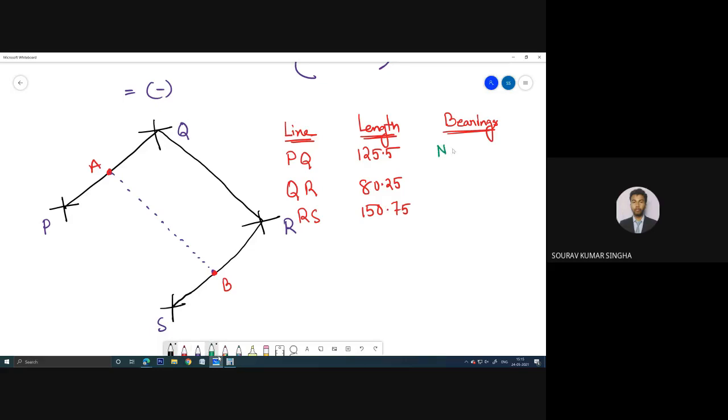It is in the reduced bearing system, directly given, so no need to convert from whole circle bearing to reduced bearing. North, South 40 degree 30 minute East, and South 60 degree 30 minute West.